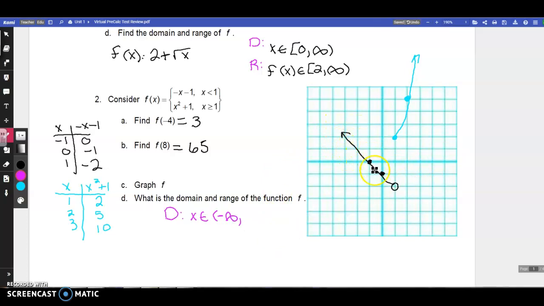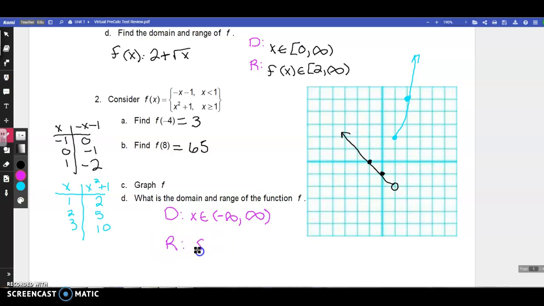I'm good, I'm good, I'm good, I'm good. Okay, so this is the part where I would have to double check. I have an open circle at 1, which makes me nervous for a second, but it gets filled in up here, so I'm good at 1. I'm good, and this is going up and to the right forever. So my domain is -infinity to infinity, or all real numbers.